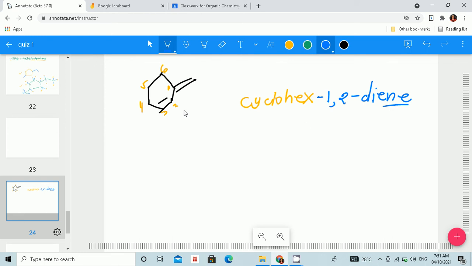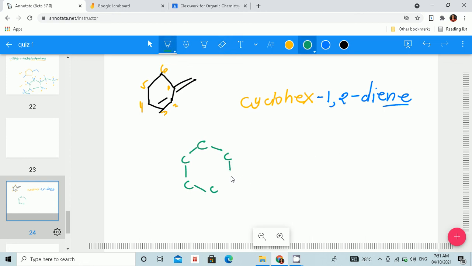Now, how are we going to write this in a complete structure? Let's follow. We have 1, 2, and then 3.